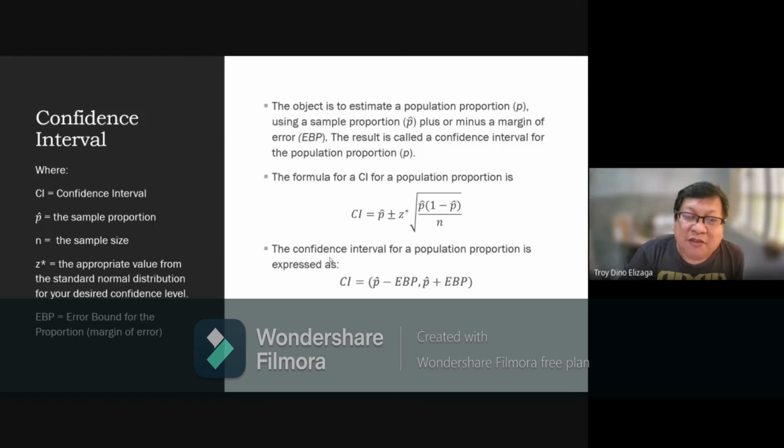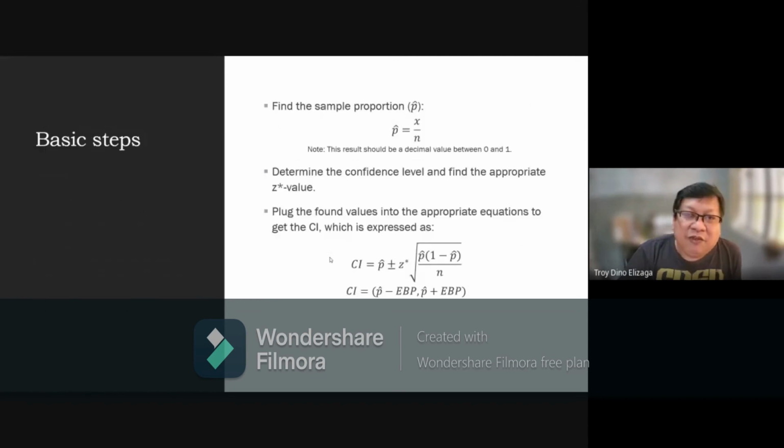So you see here at the side the description for each of the variables that we mentioned. So we now look for the sample proportion p hat, and p hat is simply x over n, x being the number of successes in the sample, and n being the sample size. Determine the confidence level and find the appropriate z value.